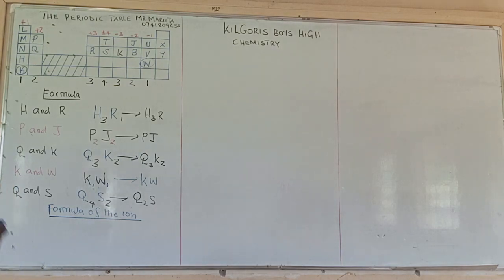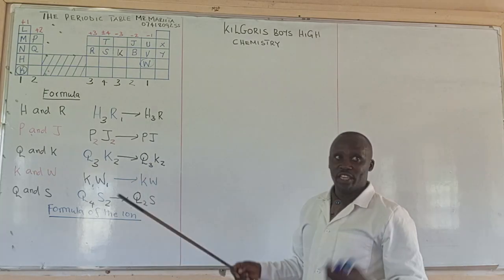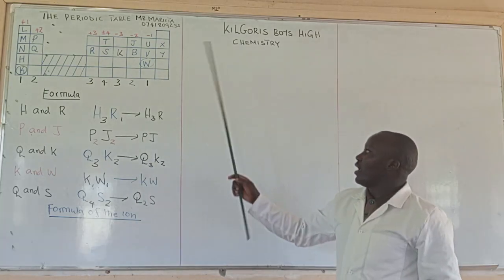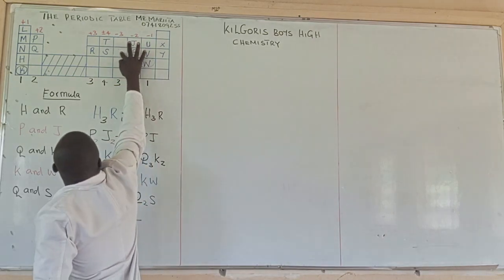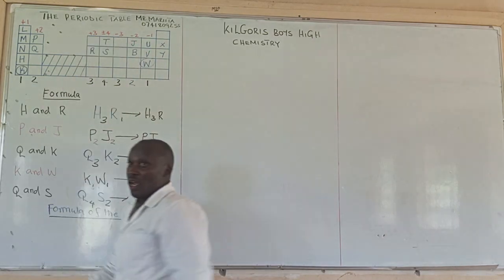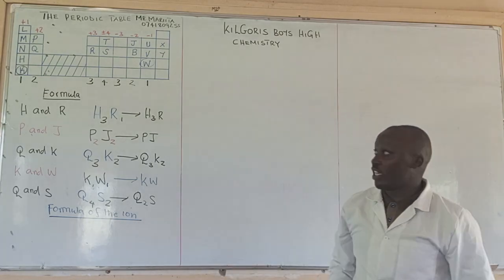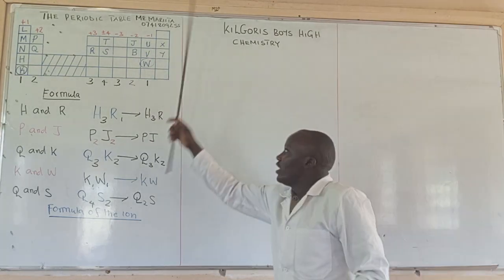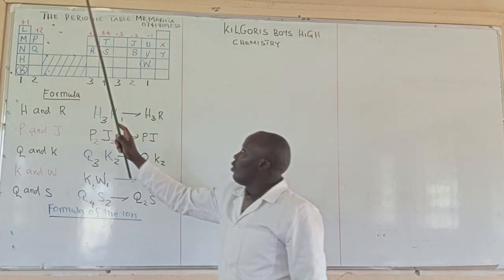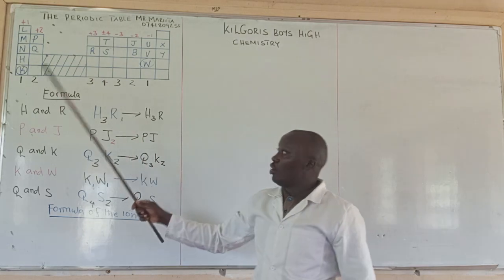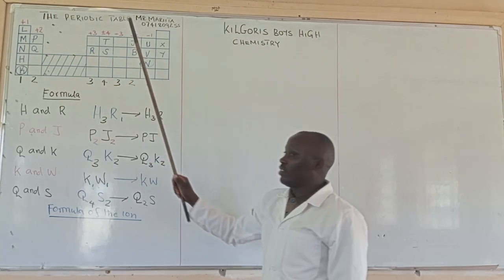Suppose now you have been told to write the formula of the ion formed by element K. Remember we don't have this K here. When you look on this grid, I have labeled these numbers here. We have this is positive 1. You come to positive 2. Of course, we have the transition elements here. Then we have positive 3.